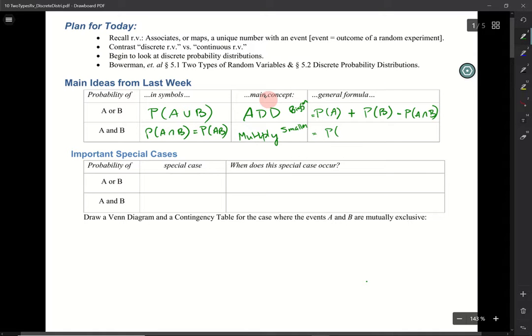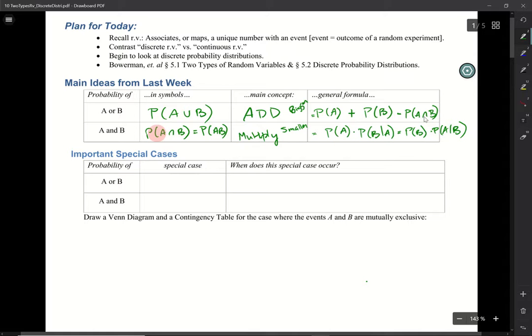Okay, and then the general formula was that the intersection would equal the probability of A times the probability of B given A, which is actually the same thing as the probability of B times the probability of A given B, right? We were wanting to deal with this intersection, but the way we got it was we did this conditioning thing, because when you do the conditioning formula, it's this intersection divided by the total probability.